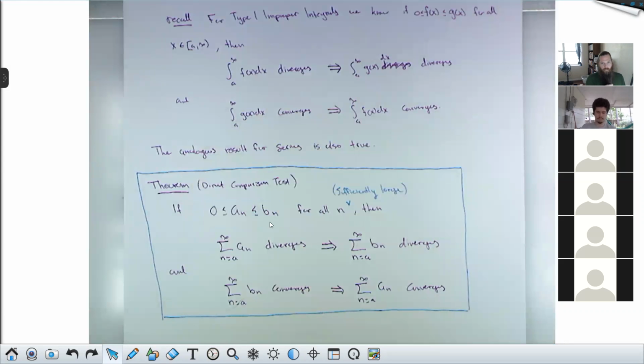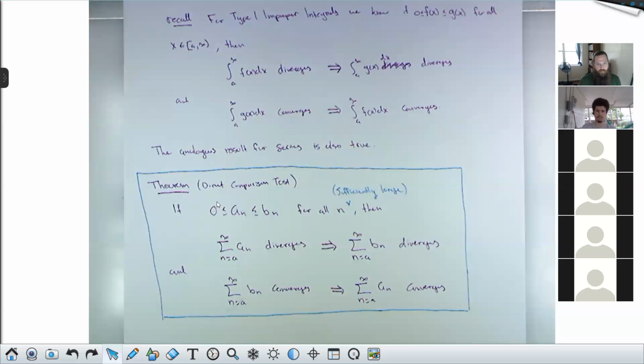Is that 6 chosen arbitrarily? Oh no, yeah, I just made something up. There's nothing special about 6 there. It could be 10, it could be a million, as long as from some point onward, this inequality holds.